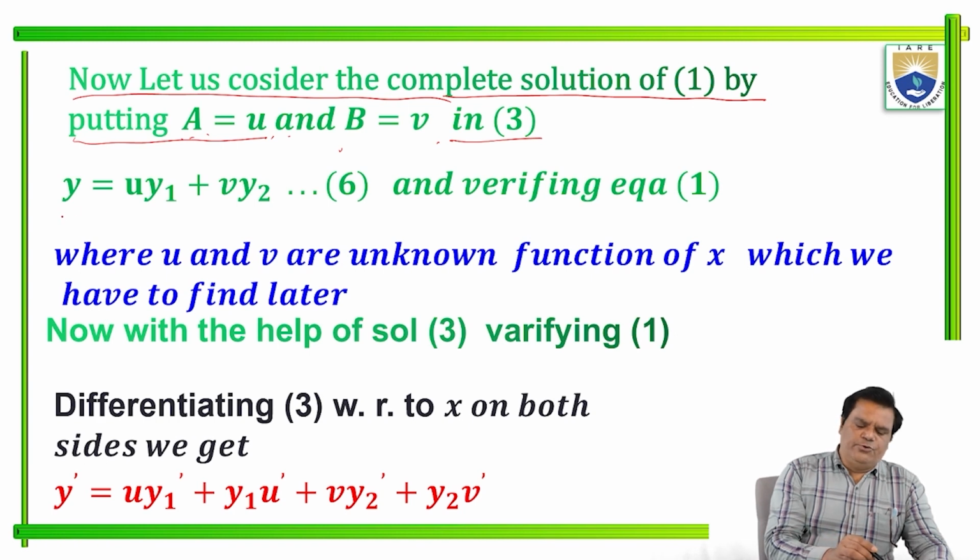So y equal to u y1 plus v y2. Putting a equal to u and b equal to v, we get this solution.